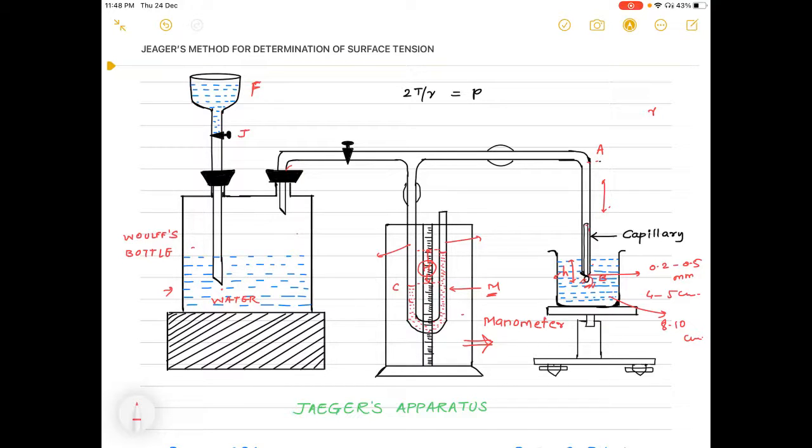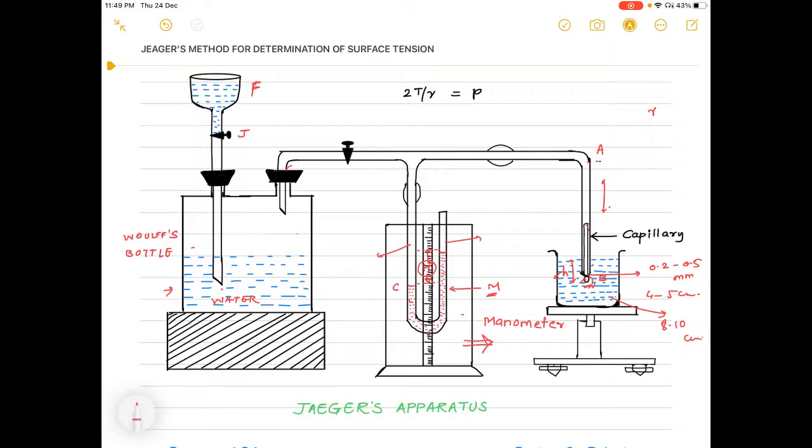So we can get a very accurate result for the surface tension. Now, this can be easily arranged by reducing the volume of air space above the water in Wolf's bottle, so that pressure in the apparatus falls to a value lower than required to blow another bubble, and by properly regulating the flow of water from the dropping funnel into the Wolf's bottle.